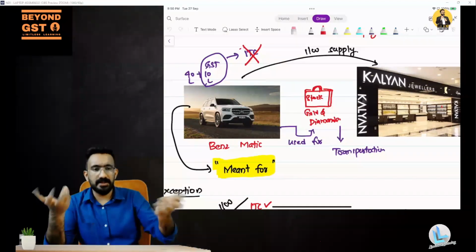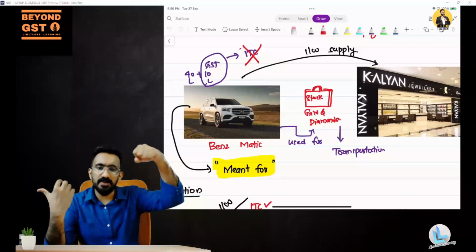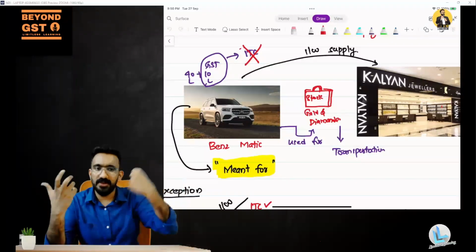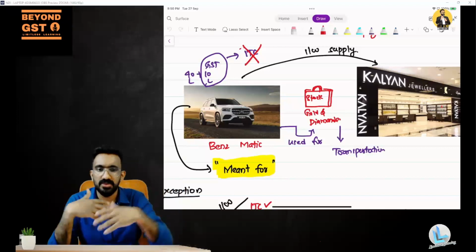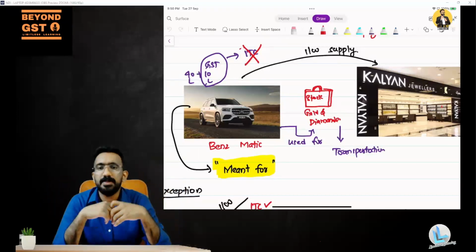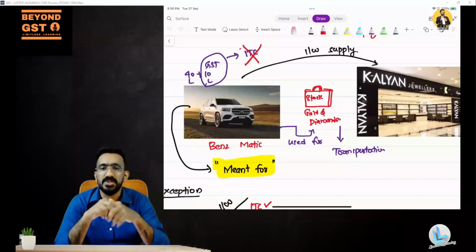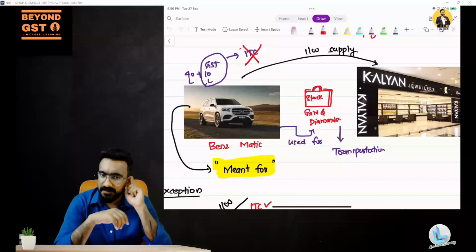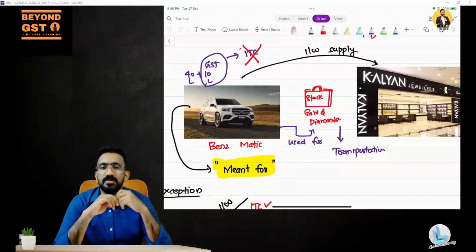Because their diamonds and gold all fit in just one briefcase, it's not a huge quantity. So they transport it in a Mercedes Benz, and they paid like 40 lakh plus 10 lakh GST on purchase of this Mercedes Benz. Now my question is: can they take the credit on GST paid on purchase of this Mercedes Benz?